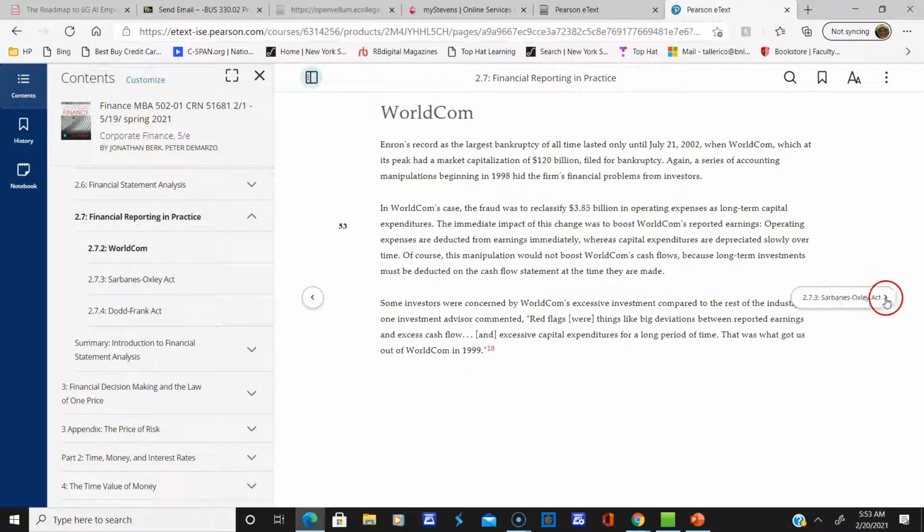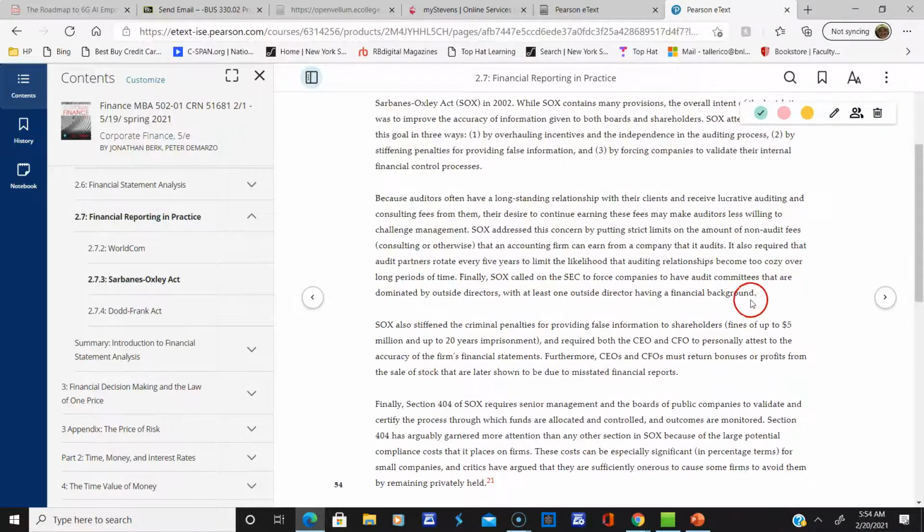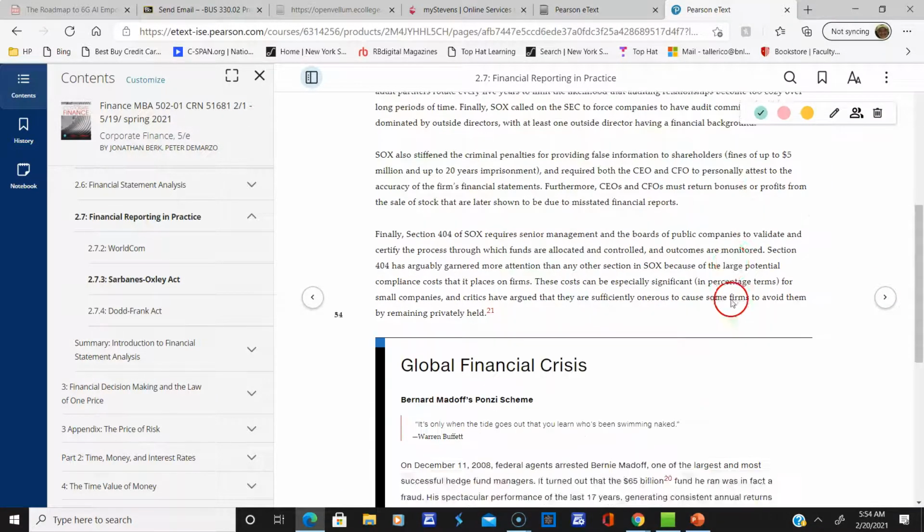And here's WorldCom, another case study of financial statements gone wrong. And here's a nice blurb on the Sarbanes-Oxley Act, which came as a result of Enron and WorldCom. So again, you should read that. This is nice information.